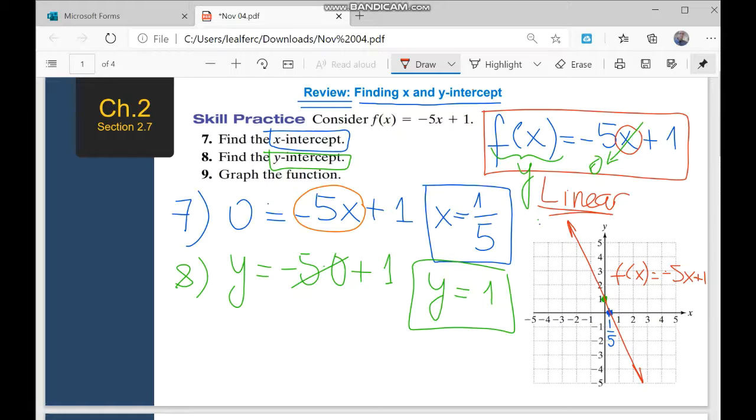And on the test, you will not be asked to draw the graph, because you don't have this tool on Microsoft Forms or on Teams. But you might be asked to match.